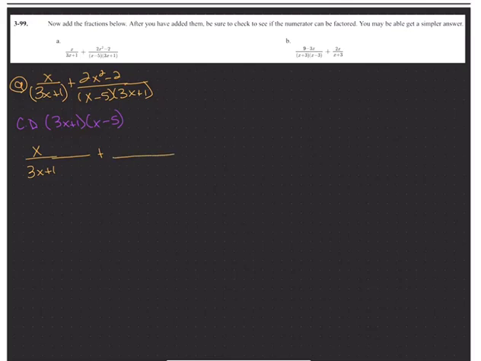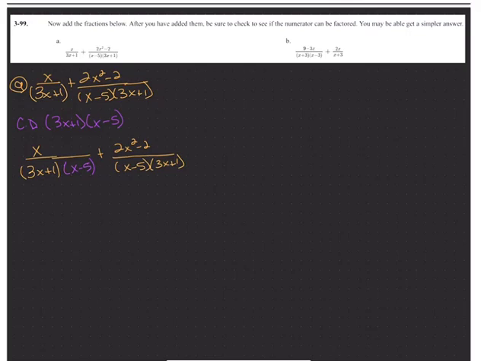Plus my second one, which was 2x squared minus 2 over x minus 5 times 3x plus 1. Okay. So when I look at my first fraction, I need to add what to my denominator? I need to include that x minus 5, correct?